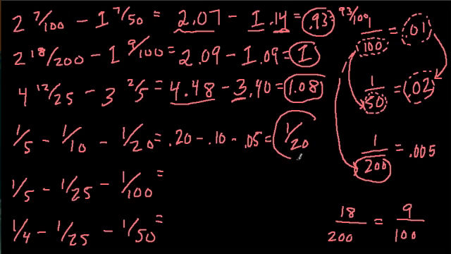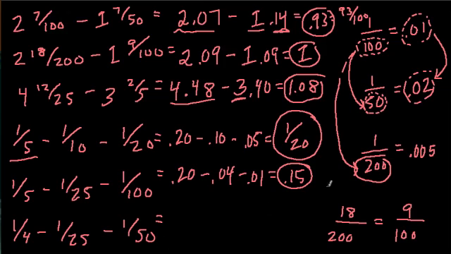Just 1/20th. We get a nickel. Okay, next we have a fifth. So again, we have a fifth, and that's 20 cents. Minus a 25th is 4 cents. Minus a 100th is just a penny. So if you have 20 cents and you take 4 away, you have 16 cents. Minus another penny, you have 15 cents. Or 15 out of 100.